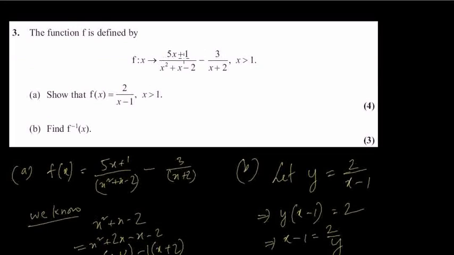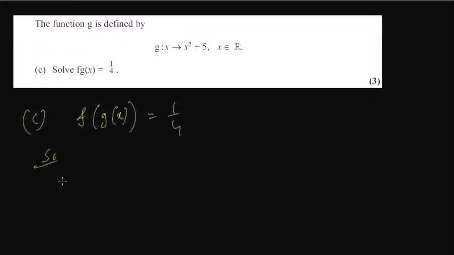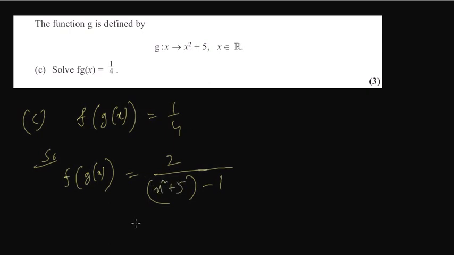Don't use this complicated one, use the easier one. So f(x) is 2 divided by x minus 1. So 2 divided by x minus 1 means f inside g(x) means 2 divided by blank minus 1, and this blank input is going to be g(x), which is x squared plus 5. It turns out to be 2 divided by x squared plus 4.